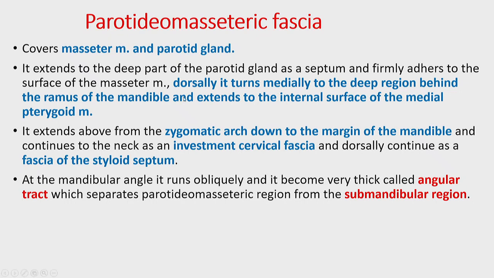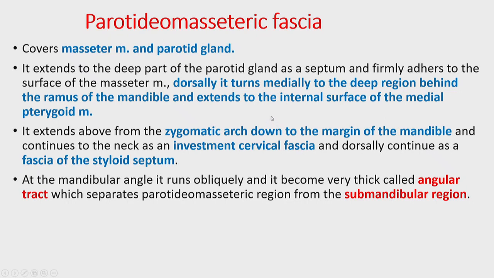This is parotidomasseteric fascia, which is not only covering the parotid gland, but also it's covering the surface of the masseter muscle. So that's why this fascia is called parotidomasseteric fascia. This is the fascia that is coming caudally as an investing cervical fascia.